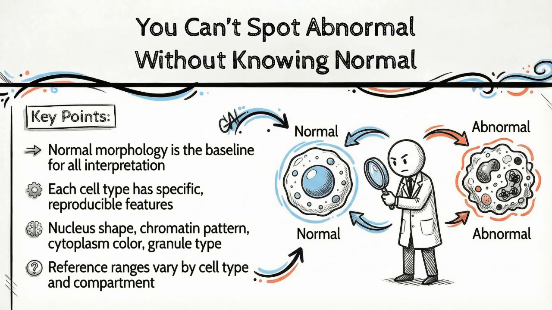Recognizing these precise characteristics, down to the chromatin density and granule distribution, forms the indispensable baseline against which all potential abnormalities are evaluated. These are your anchors.